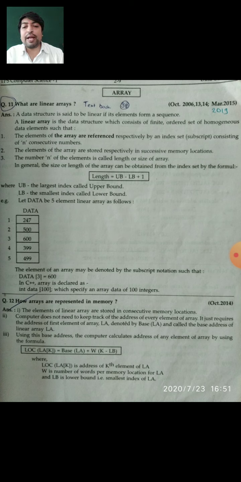LOC(LA[K]) = Base(LA) + W(K - LB). What is this? LOC(LA[K]) is the address of the kth element of the linear array LA.